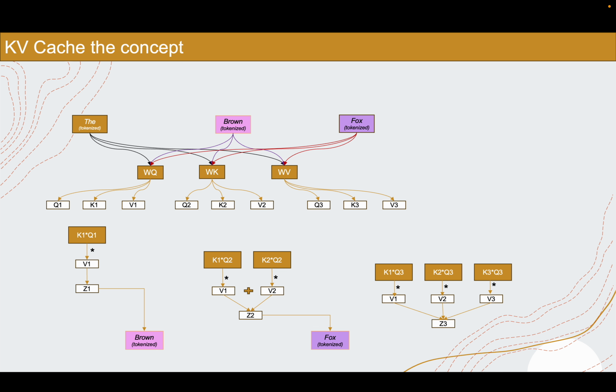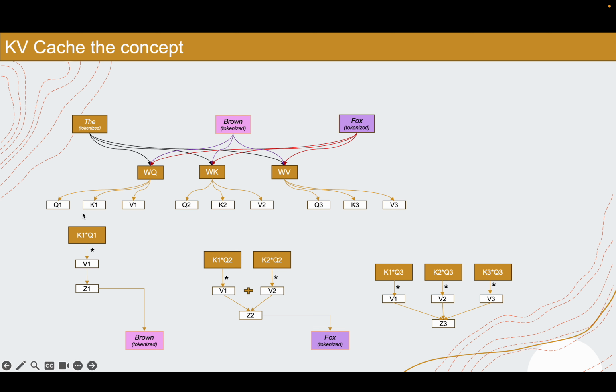K is what information I as a token am offering to the others. If a verb token queries for who are the noun tokens, my K value will say, oh, I have noun related information. And V, as I mentioned, is what part of that token's representation should be considered for the context vector of that particular token.